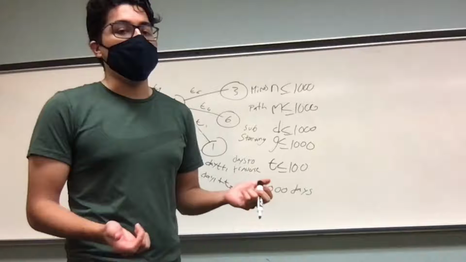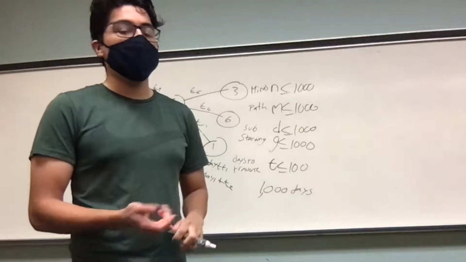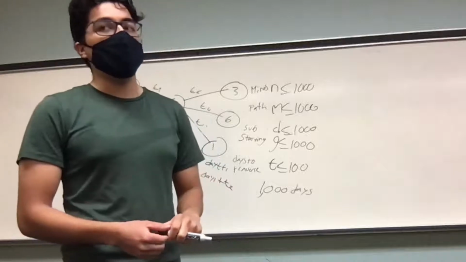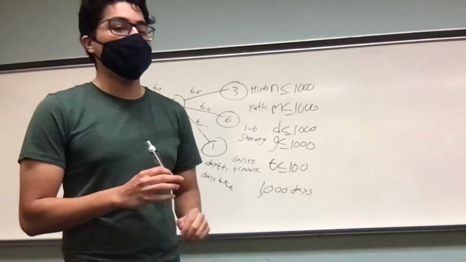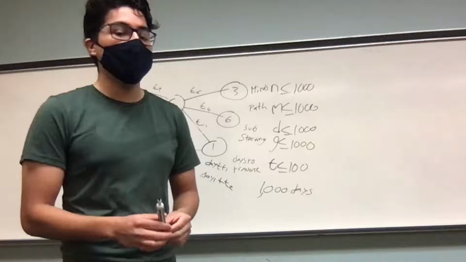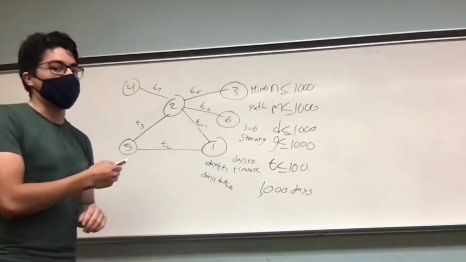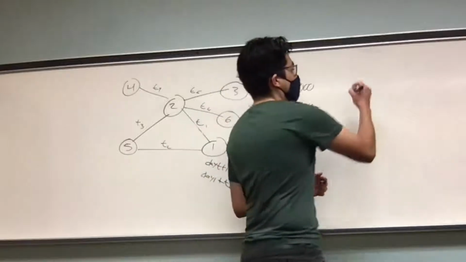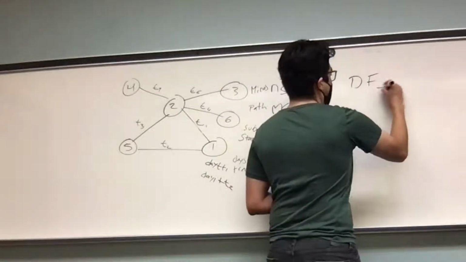DFS and BFS. Those are pretty common ones. You have other ones, but those are the main ones. So for this problem, I like using DFS, so we're going to look at the DFS algorithm and see how we can apply that to this problem. So I just read the pseudocode for DFS in a recurrence form.